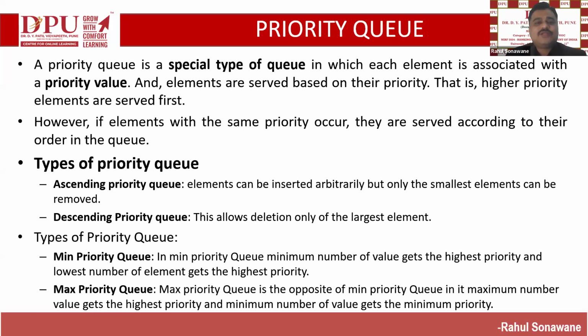Like the smallest element is coming out first. So at the end, the last element will be the largest element among all the remaining elements within that queue, isn't it? That's why it is called an ascending priority queue, or you can say the elements are removed from the queue in ascending order, right?